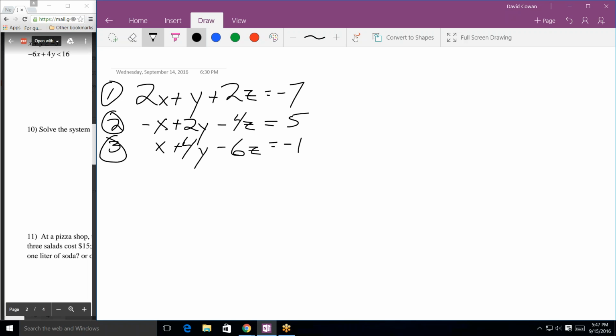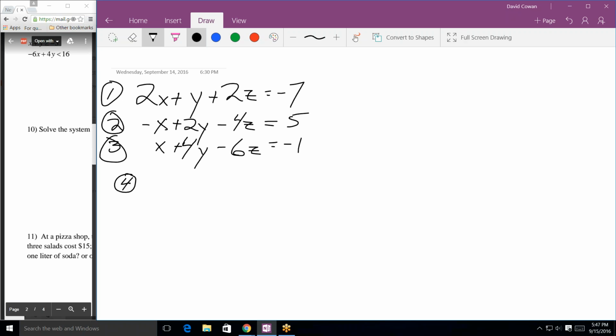What you want to do is create 2 more equations, number 4 and 5, that have a variable eliminated. And both of them need to have the same variable eliminated. So step 1 is, can you pick 2 of those 3 equations and combine them in a way that eliminates a variable?